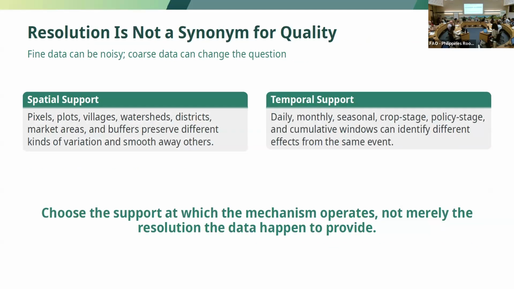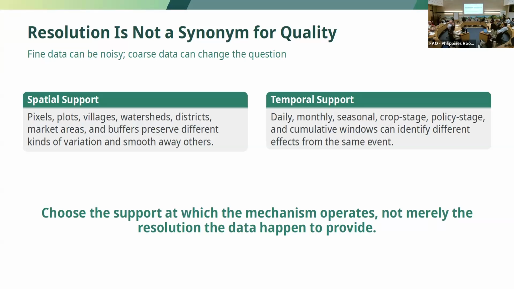One thing that's come up throughout the first day and a half is that higher resolution is not synonymous with quality. All of this data that we're using is interpolated. They're all modeled estimates. I can make my pixels really, really small; all I have to do is keep interpolating.